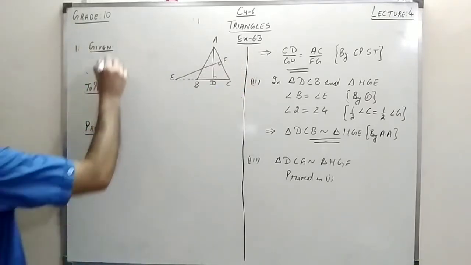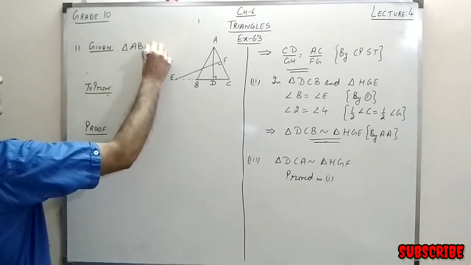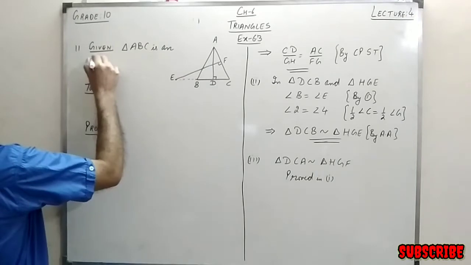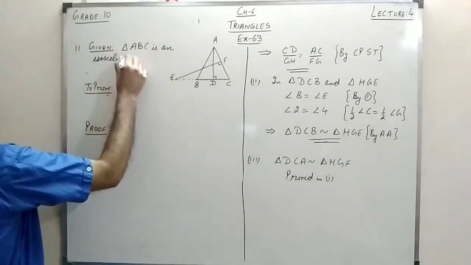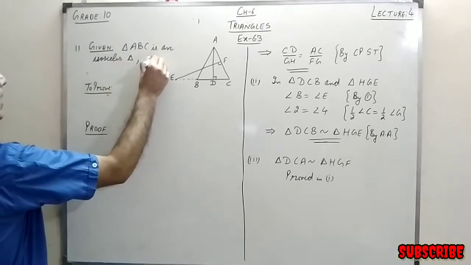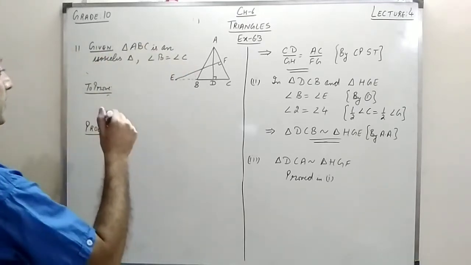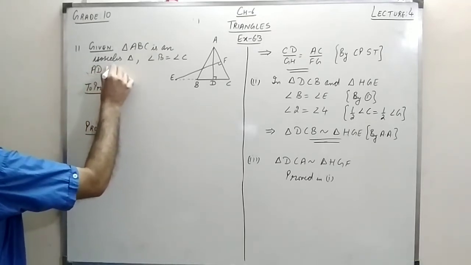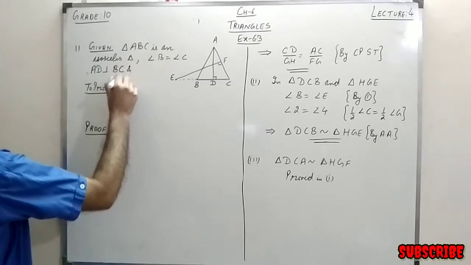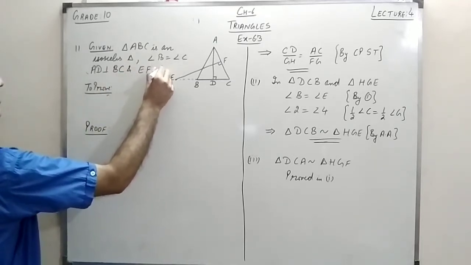So we write triangle ABC is an isosceles triangle. Angle B is equal to angle C. What else? AD is perpendicular to BC and EF is perpendicular to AC.